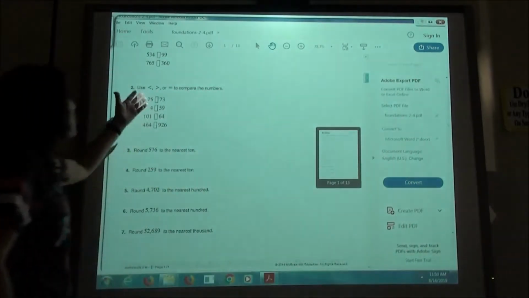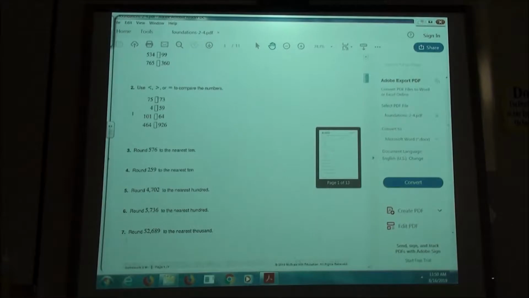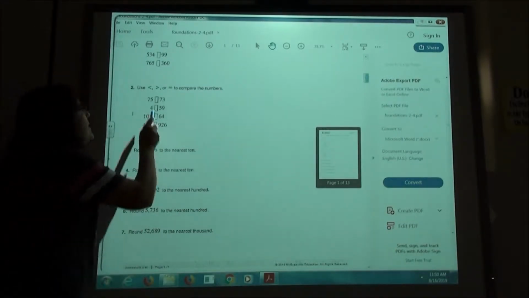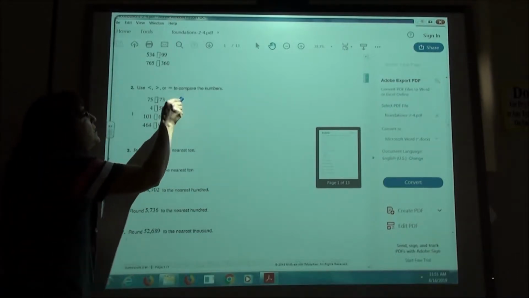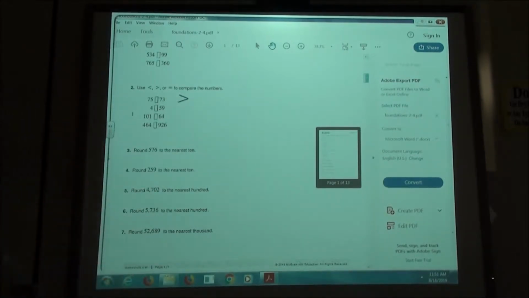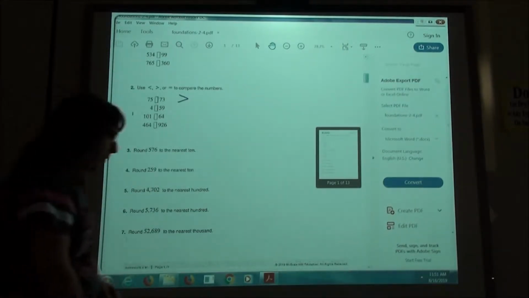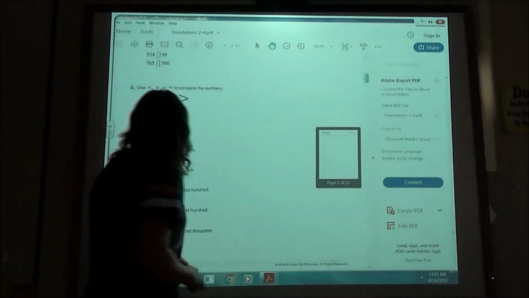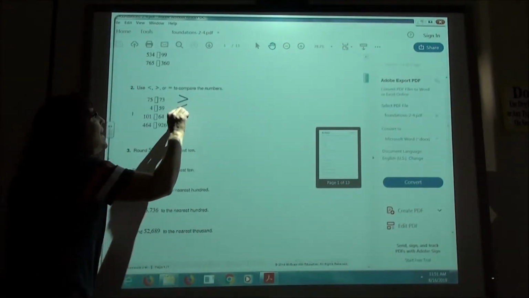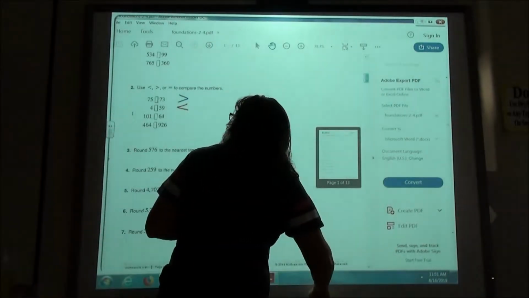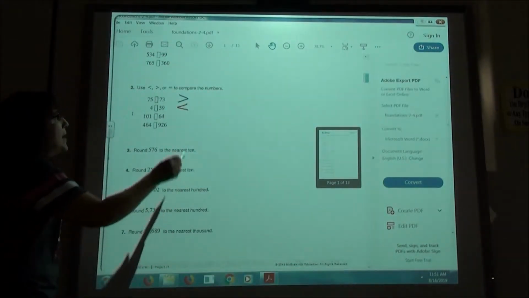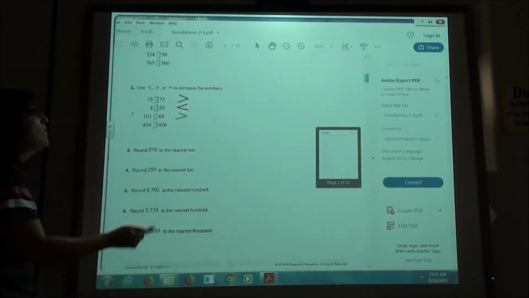All right. So number 2, same thing. We're doing our comparisons. 75 compared to 73. $75 is greater than $73. 4 compared to 59. $4 would be less than $59. 101 compared to 64. 101 is bigger or greater than 64.